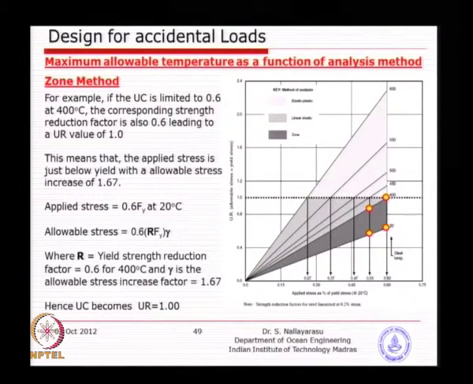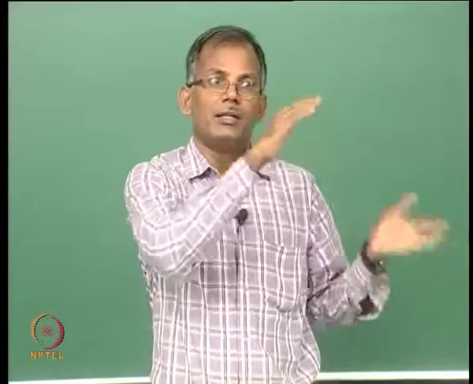So, at 20 degrees the unity check is basically 0.6, and we know very well that at 400 degrees the yield strength reduction is also 0.6. The only thing is we have forgotten about the modulus of elasticity. Let us go back quickly and see what happens at 400 degrees, somewhere here: 200, 300, 400.